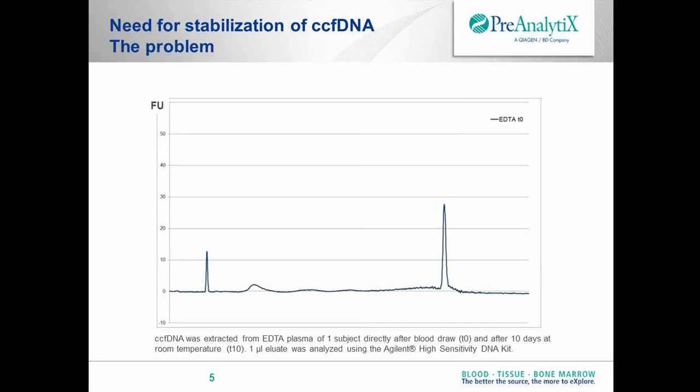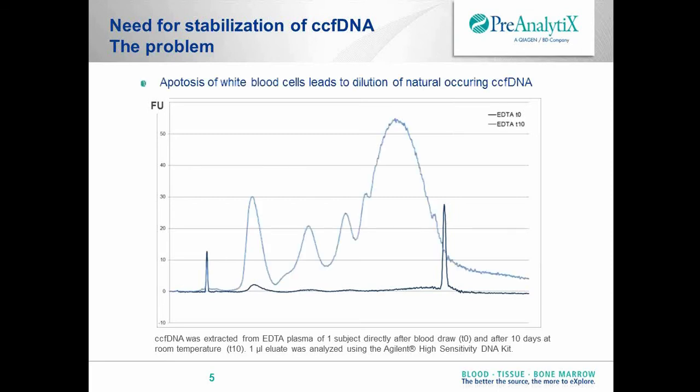What you see here is a very small amount of ccfDNA between the two marker peaks in the Agilent. This is directly after blood draw, and if you have to transport or store the blood for a certain time, then strange things happen, as shown in this slide.